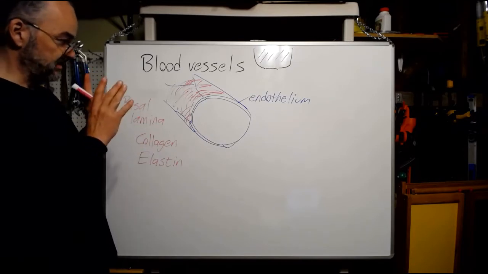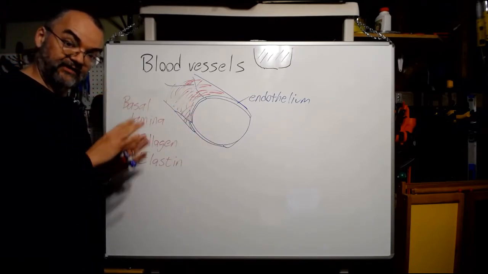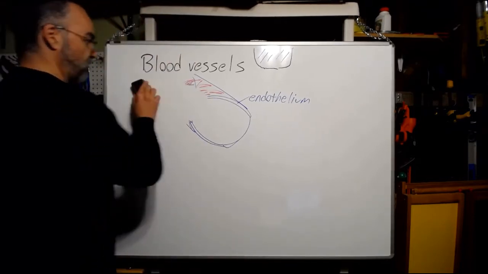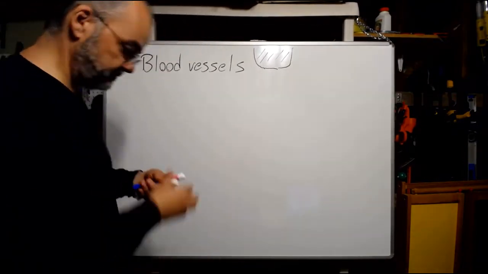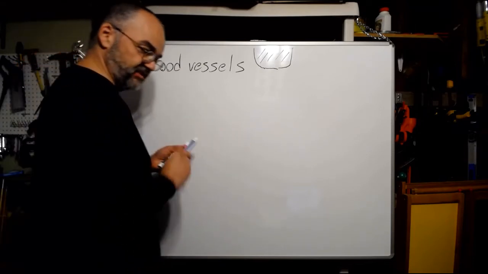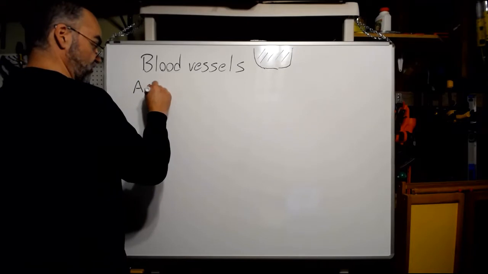So, keeping that in mind, let's now talk about the structure of individual blood vessels. Let's go with arteries first. Now, I'm not going to draw arteries down at that very small scale. We're going to draw them larger because many arteries are quite big.